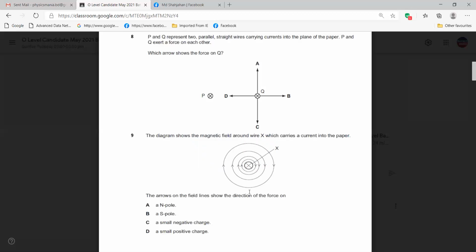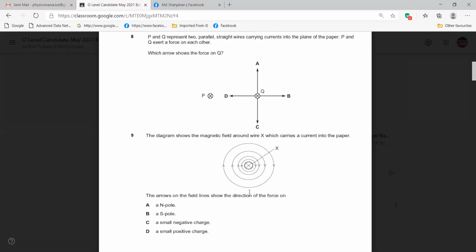X is towards the North Pole. Like, if the current goes into the paper, it will be North Pole. No, it will not be like that. You just remember one thing: the direction of the field lines.